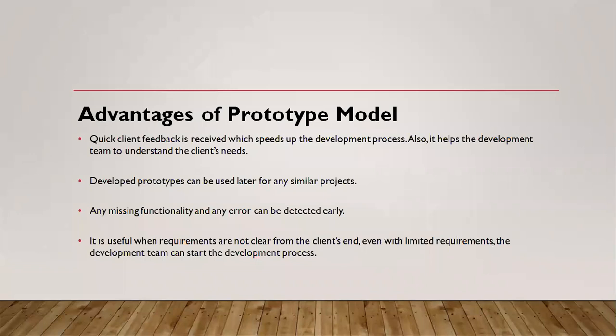If we build a prototype for one new concept, then our concept is followed by many people who develop similar projects. Those all take our code or our concept or our technology. Clear? Coming to the third point, any missing functionality and any errors can be detected early.